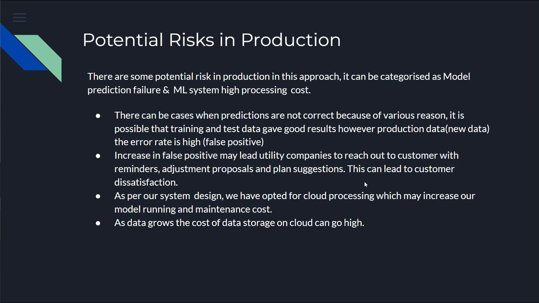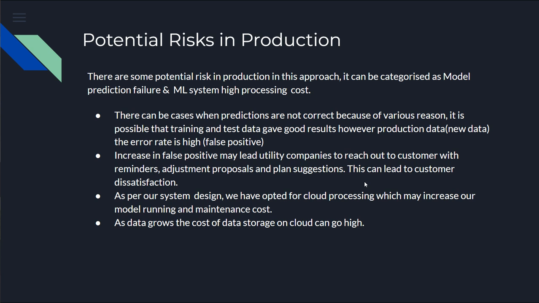So what are the potential risks when this model goes to production? There are some potential risks in production with this approach. They can be categorized as model prediction failure or ML system processing cost.